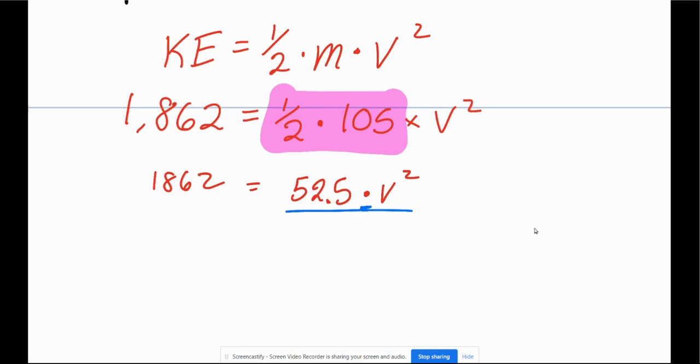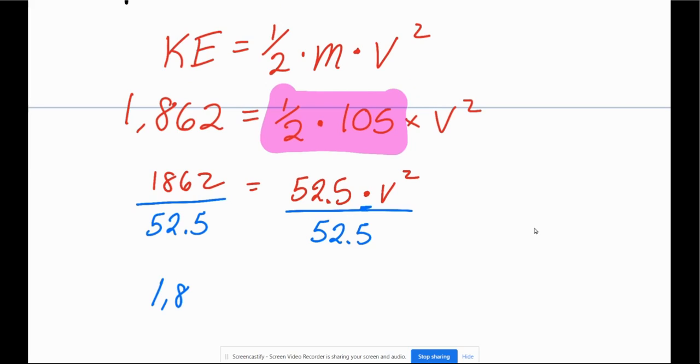So because this is multiplication, I need to divide by 52.5. Do not subtract. Okay, so 186.2 divided by 52.5.